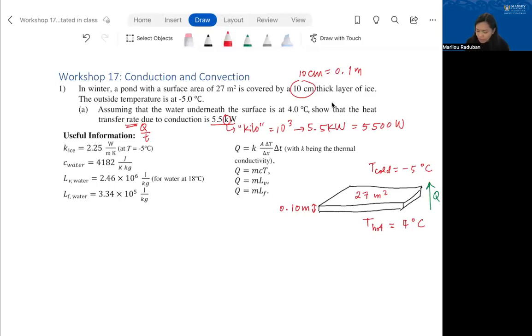Right, so it explicitly says heat transfer by conduction. So we have Q and it says rate. So Q over T is equal to K A delta T divided by the distance or the thickness.